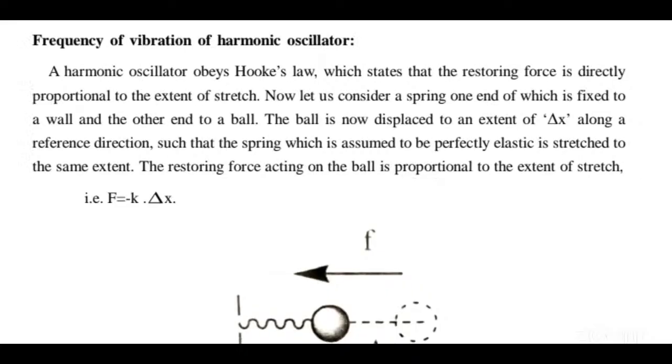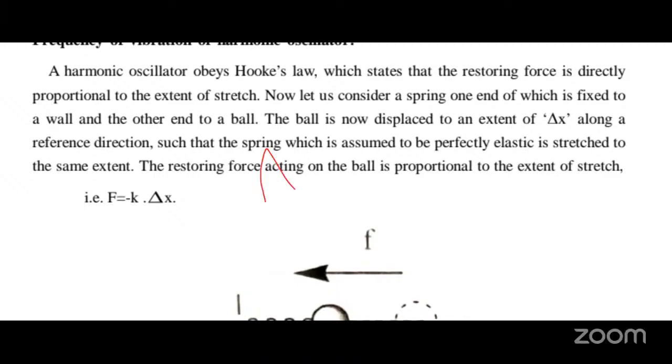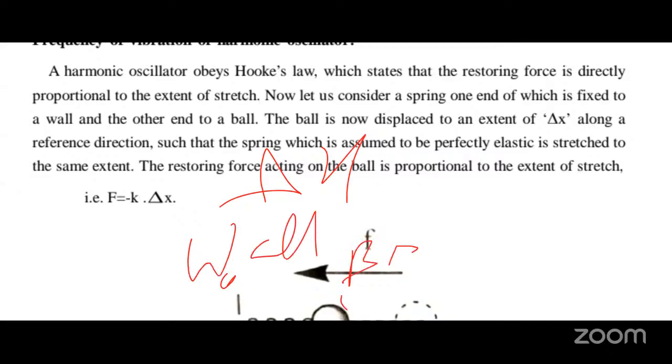Now let us consider a spring, one end of which is fixed to a wall and the other end is attached to a ball. The ball is displaced to an extent of delta x. Here is a wall, and this is the ball, and on this side it is attached to a spring.